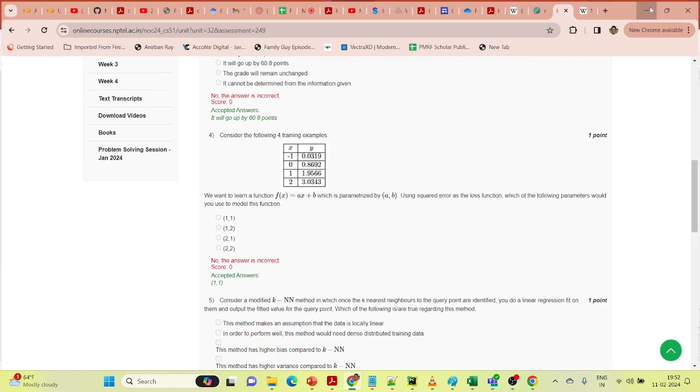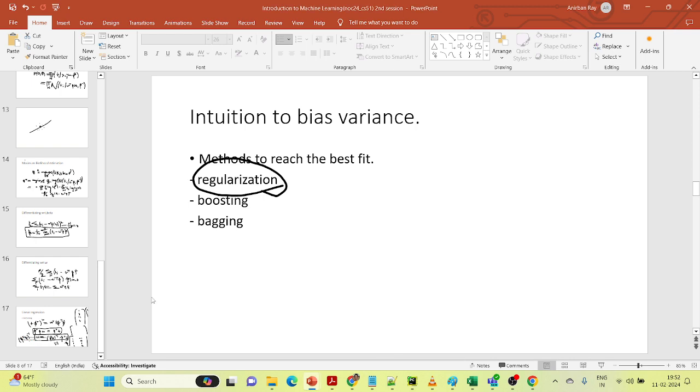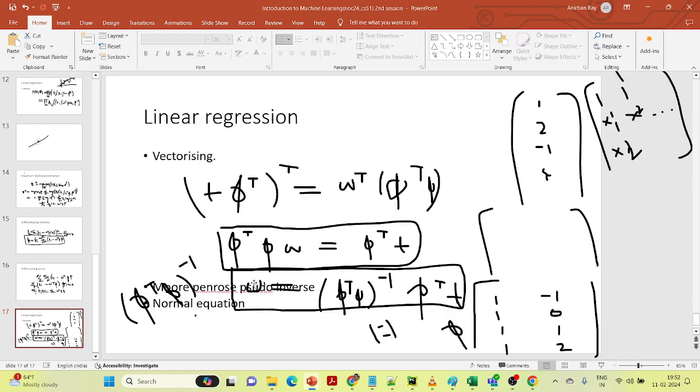In the previous class I derived it. Fourth you can get from here, just use this expression.